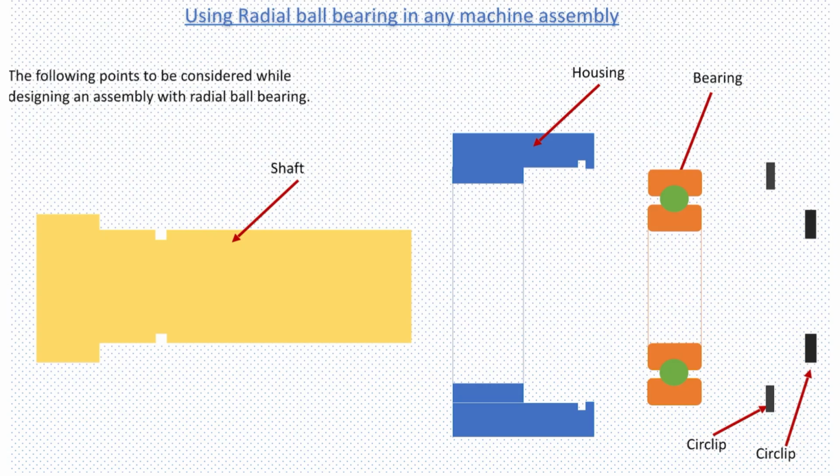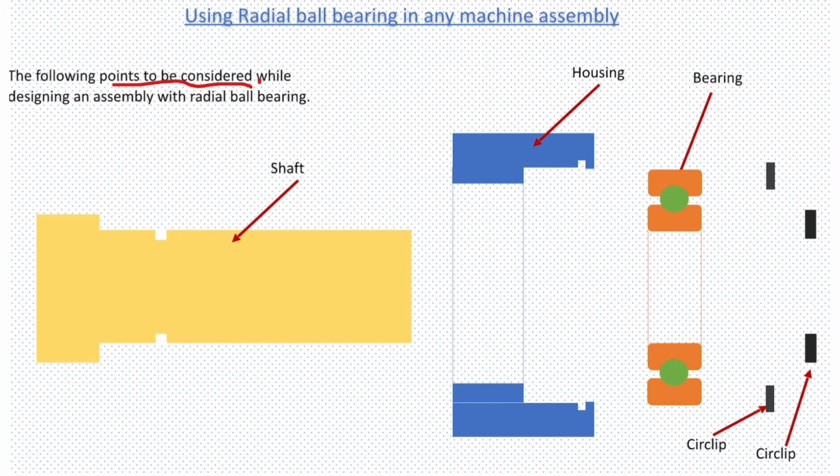Okay, let us now see how in a simple assembly we can use this radial ball bearing and what are all the points we need to note so that its function is not affected during its operation.